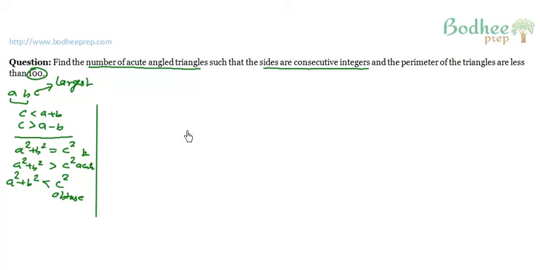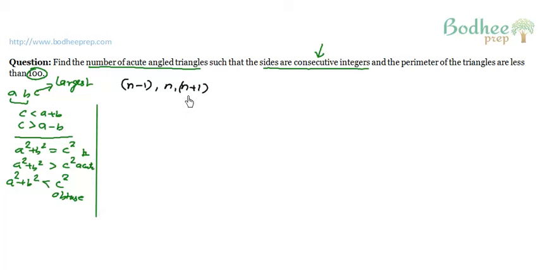Now let's come back to the question. It says that the sides have to be consecutive integers. Let us assume the sides to be n minus 1, n, and n plus 1, where n is an integer. Now applying the constraint given in the question, the sum of these three sides must be less than 100.